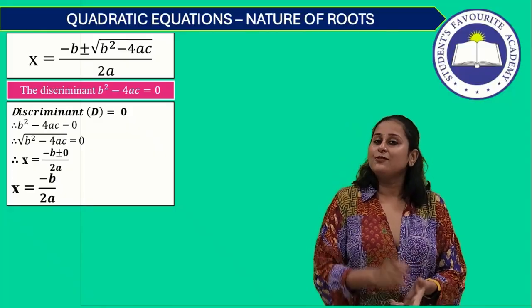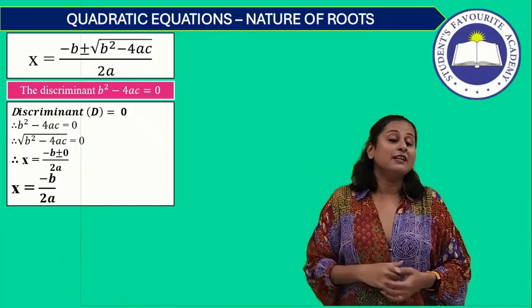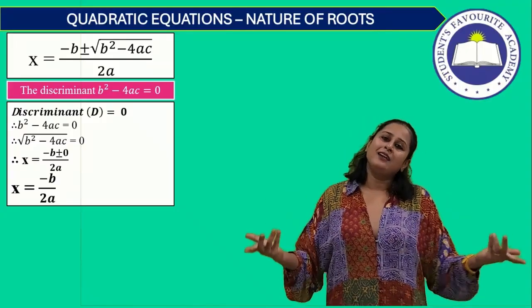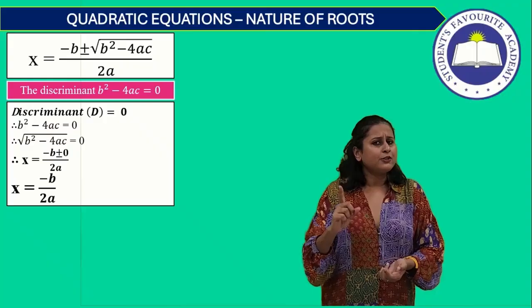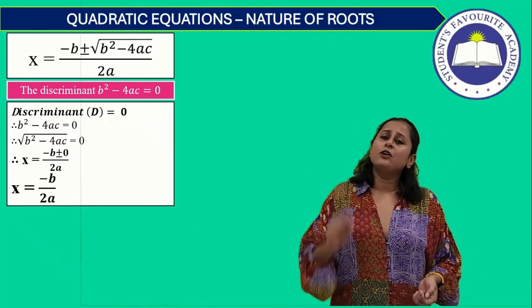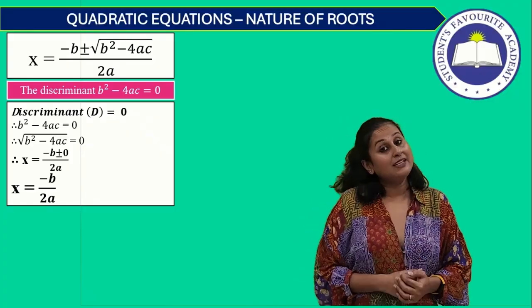So in this case, whenever the discriminant, which is b square minus 4ac, becomes equal to 0, we get a perfect square. What is a perfect square? A perfect square is such a quadratic equation where you get only one value of x which satisfies the equation.